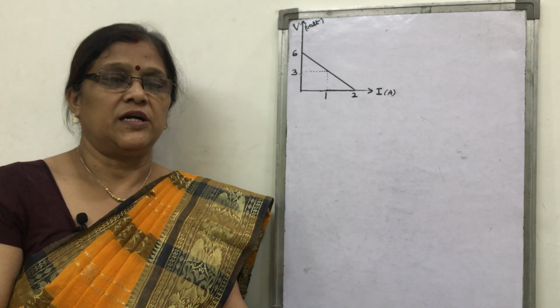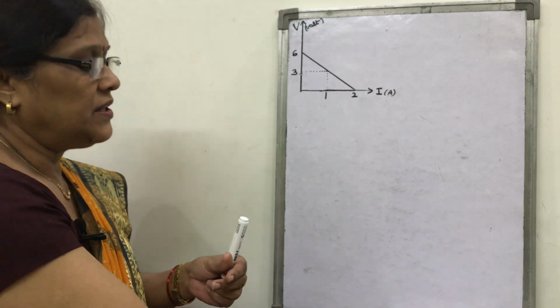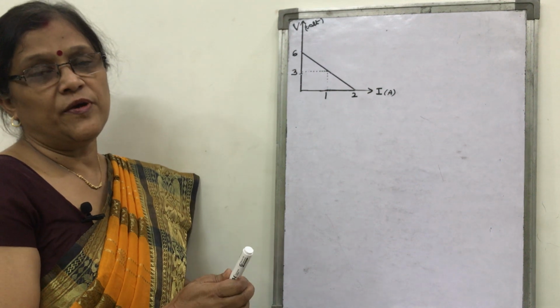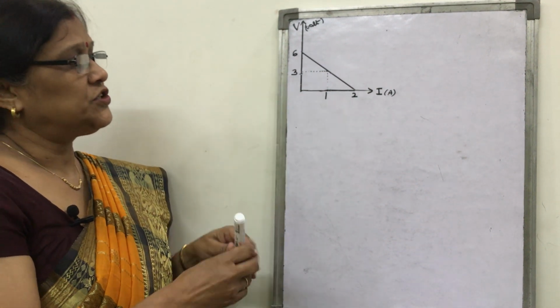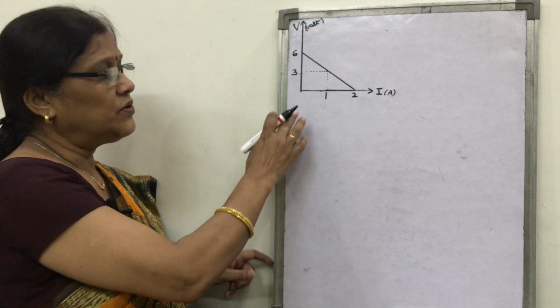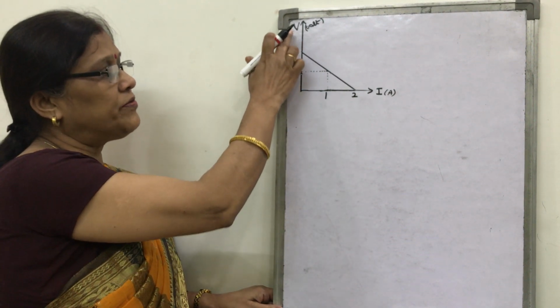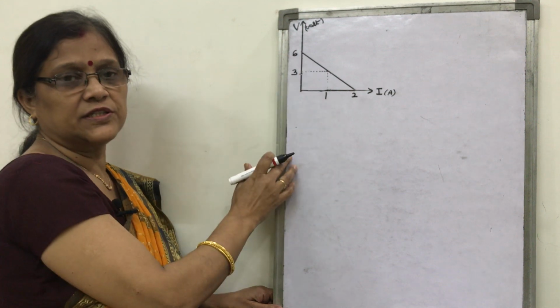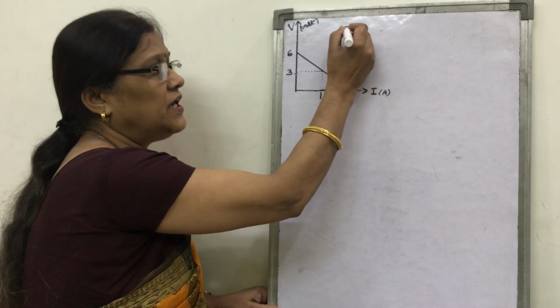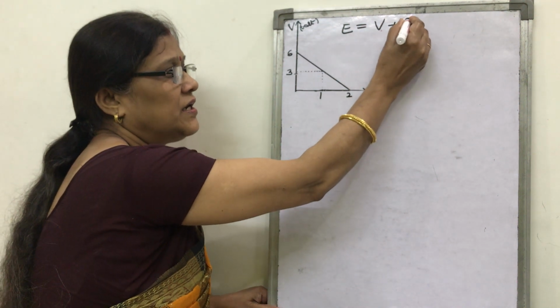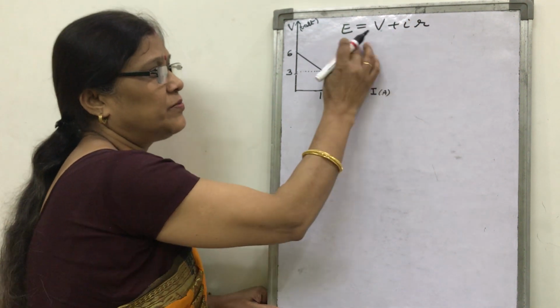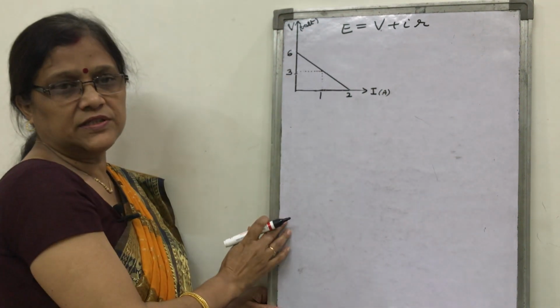So let us start with the first point, what will be the EMF of each cell. This is the VI graph which shows that at zero current, the value of terminal potential difference is 6. For a cell giving current in a circuit, the relation of electromotive force and potential difference is this.